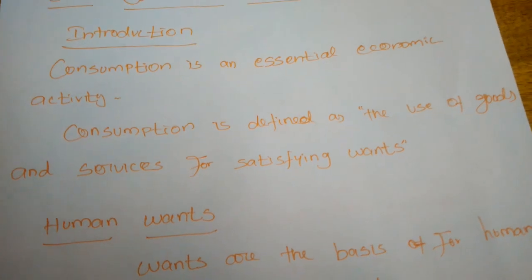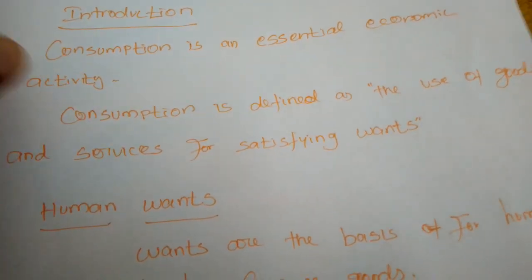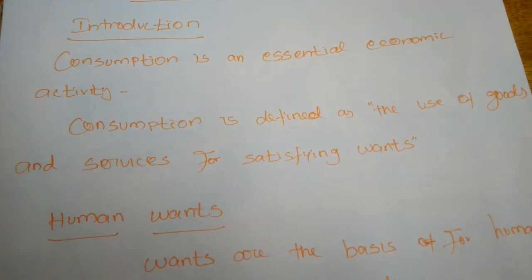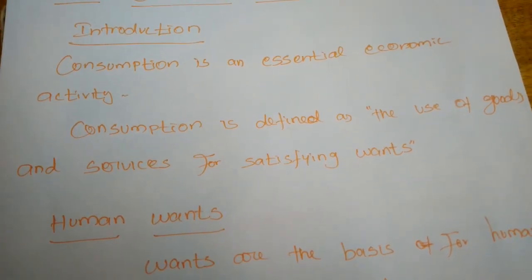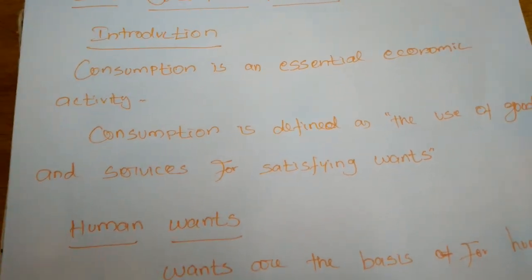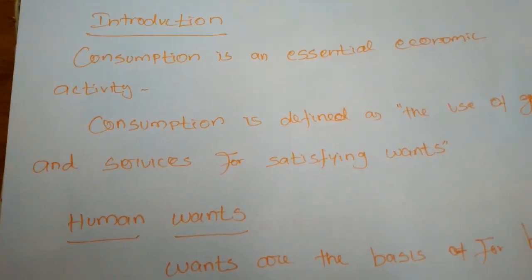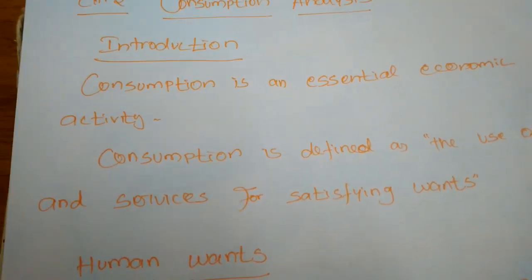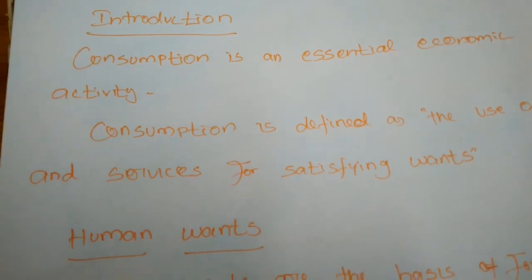So on the basis of the level of consumption we can easily understand the living standard. Like that, if all the people in one nation have more purchasing power, we can understand that the living standard of the people of that nation may be higher.